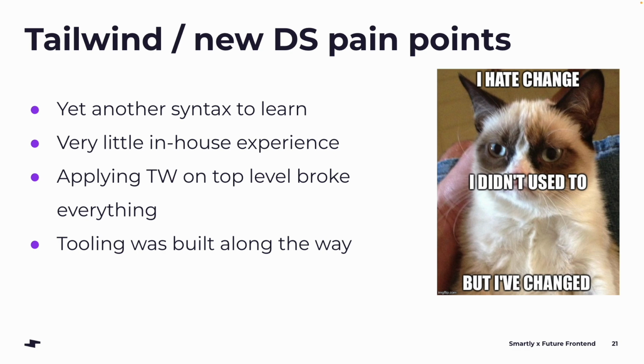It was really hard. You had to learn this new syntax, a new way of doing stuff. So there was a lot of pushback from the engineers who were supposed to be using this. And also, the design system team that we had was just building the design system, just building the components, but they weren't really using those components.